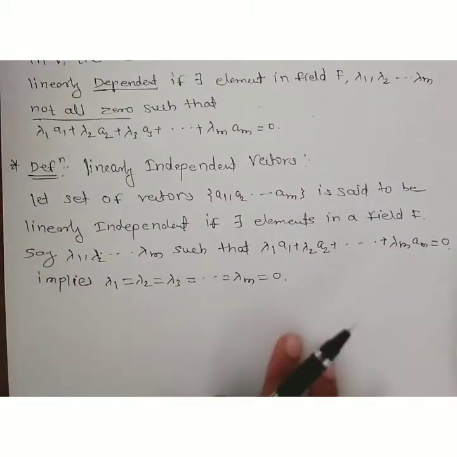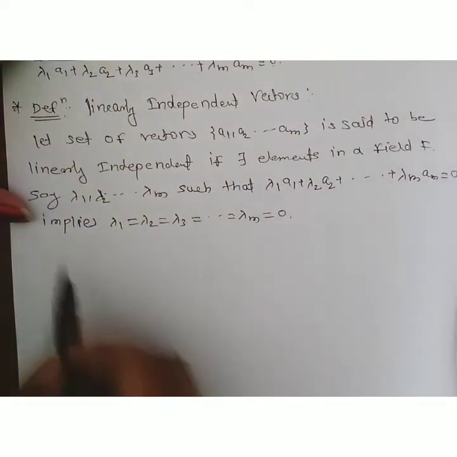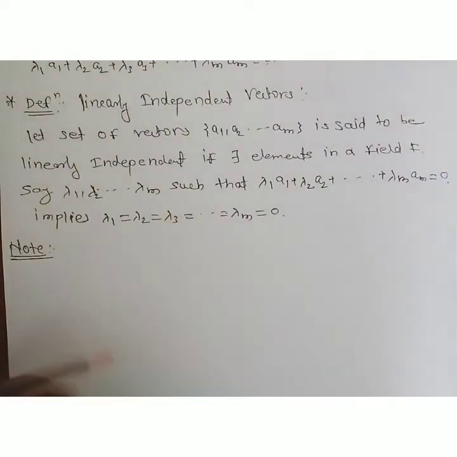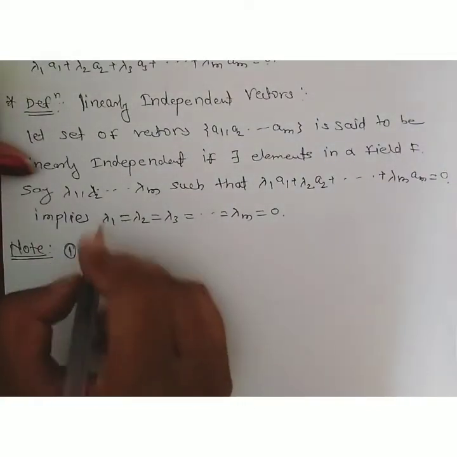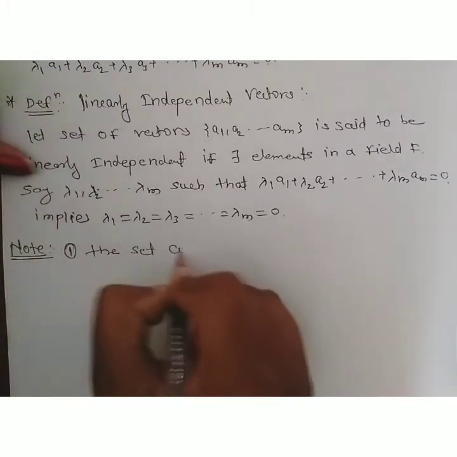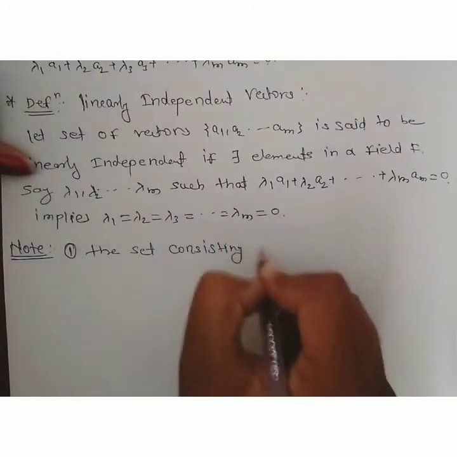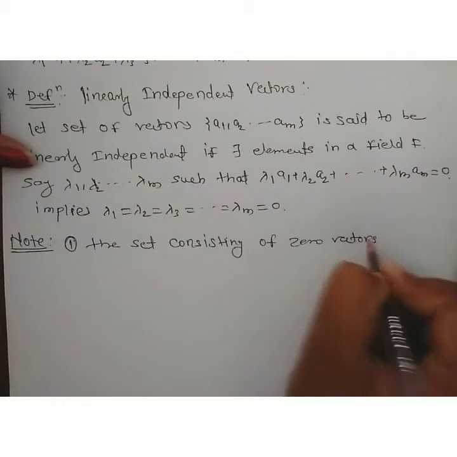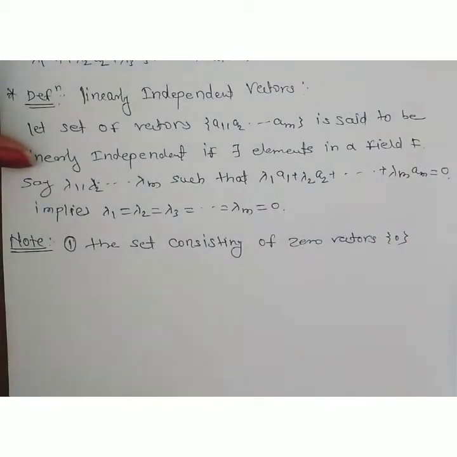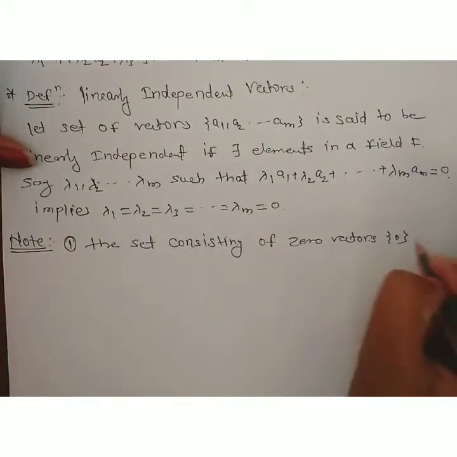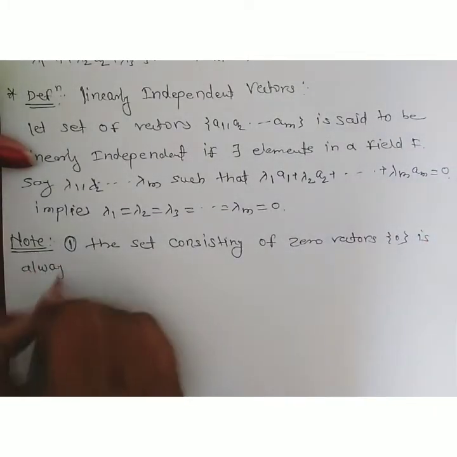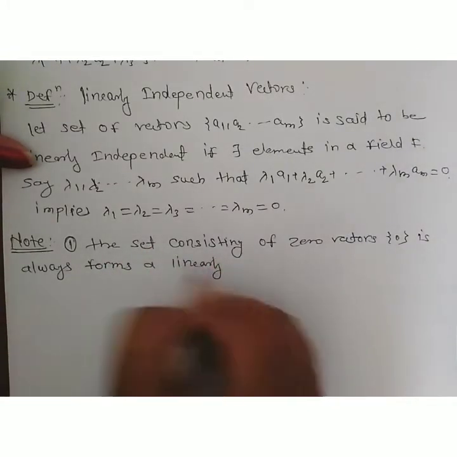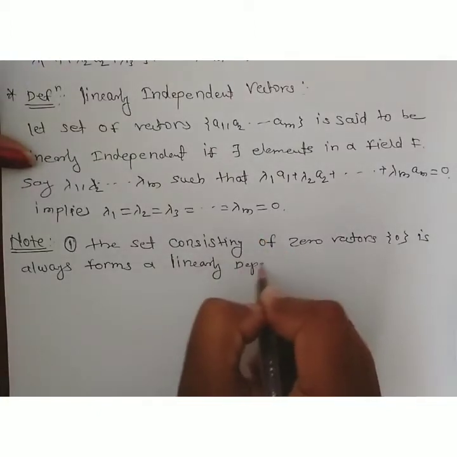Now the next is a note. So what is the note? The first note is that the set consisting of the zero vector, the singleton 0, is always a linearly dependent set.